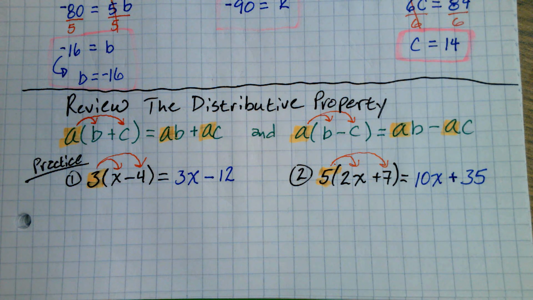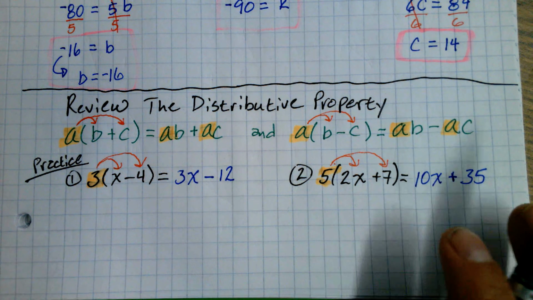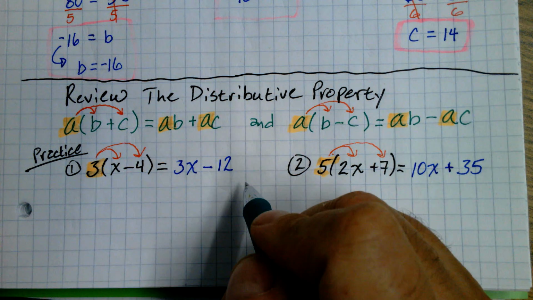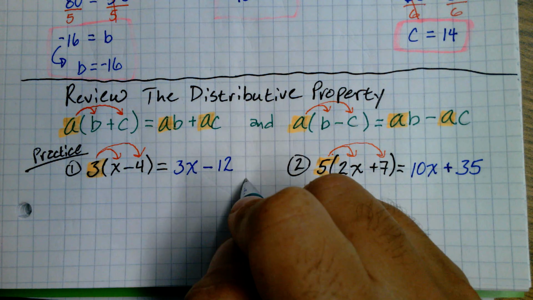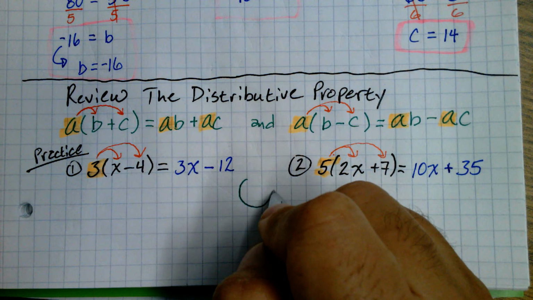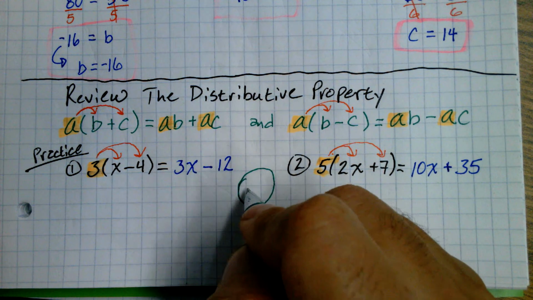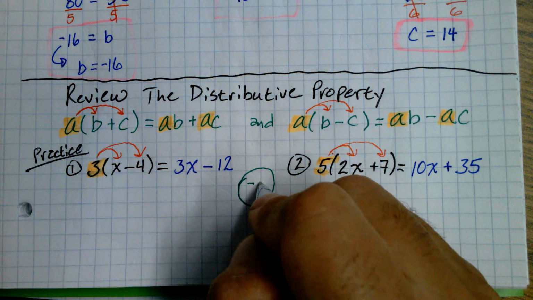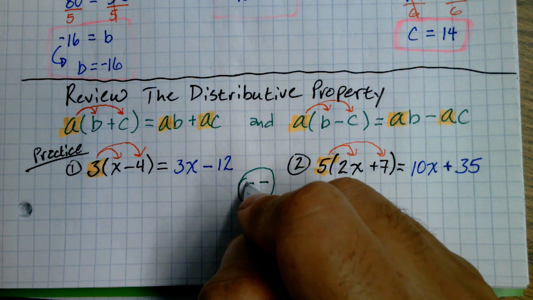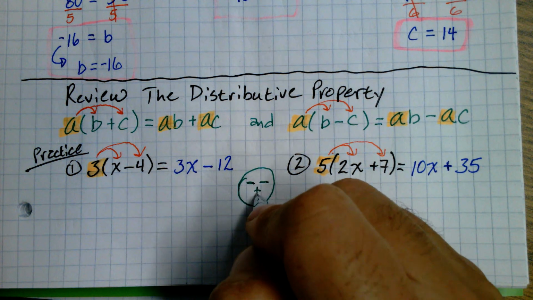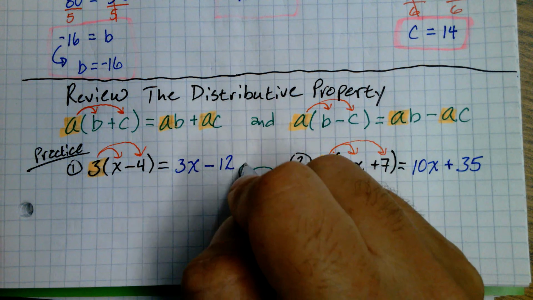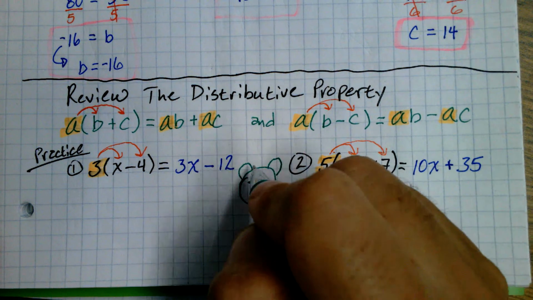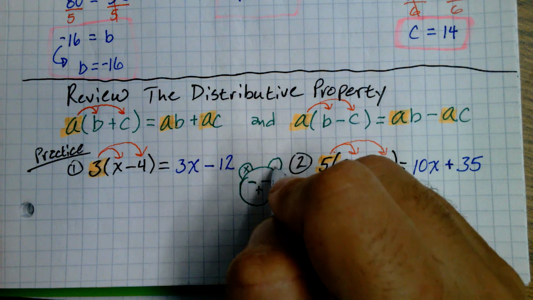Okay. The next couple of examples are going to have a negative that gets distributed. So we have to review how we multiply integers. Remember, I'm going to bring back this creepy bear, which gets used whenever we have integers and we're multiplying or dividing.